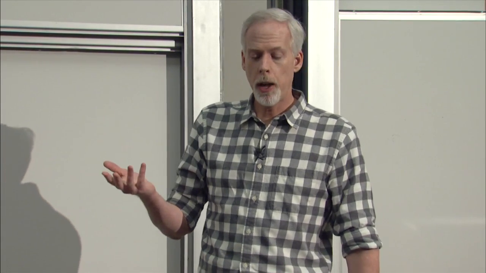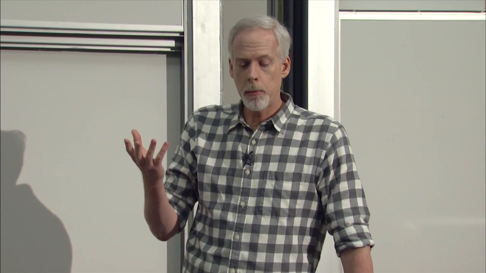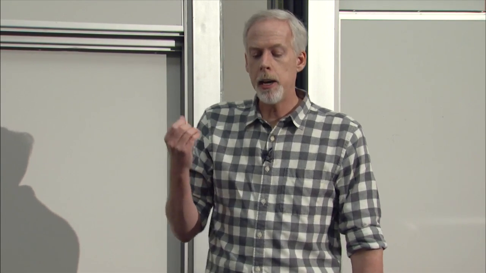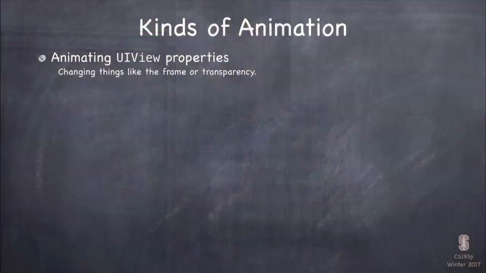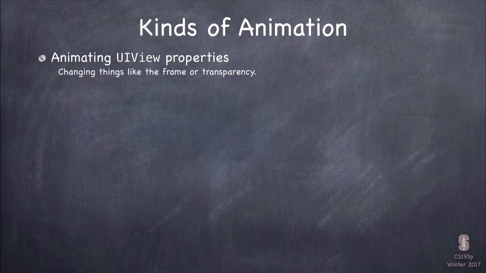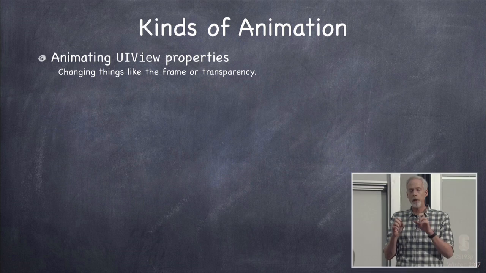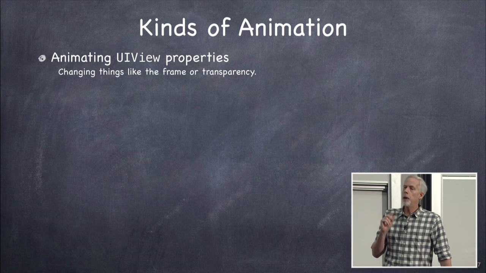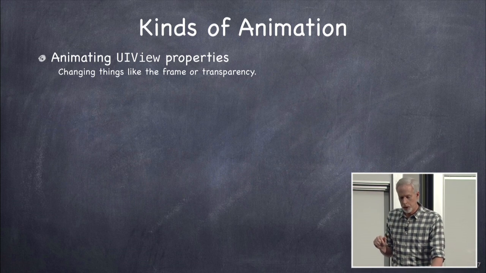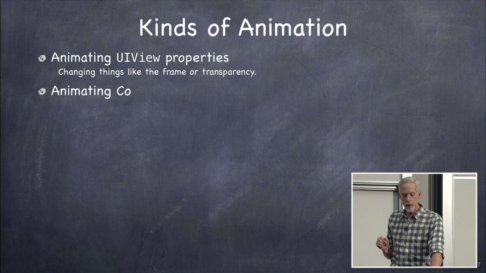All right, so before I do that though, let me talk about and summarize, not all actually, but most of the animation capabilities that you get with iOS. So the one I am going to talk about in detail and demo today is animating UIView properties. There's only a few of the properties, vars in other words, in UIView that you can animate, but they're a pretty powerful few as you're going to see, and allows us to do a lot of animation.